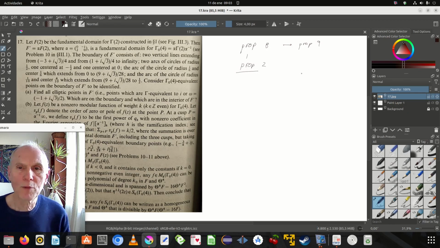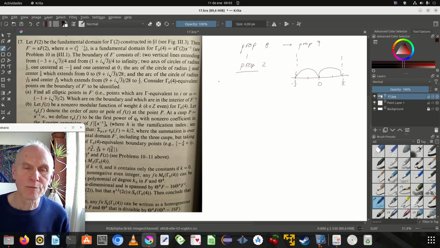So we'll start with proposition 2. So we have the two circles, with center minus 1/4 and plus 1/4. And what do I claim?